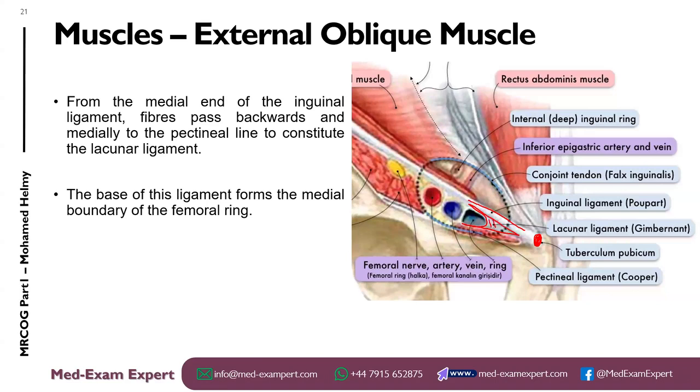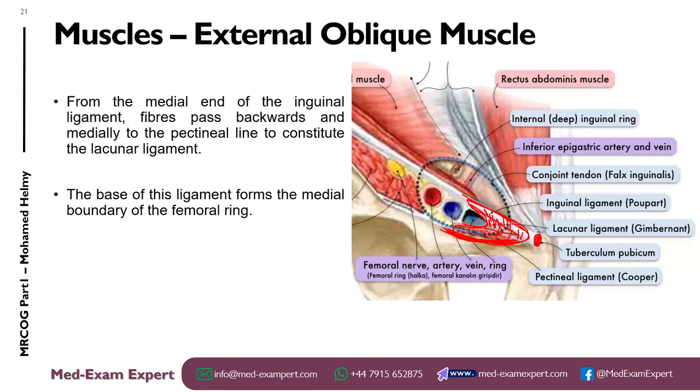These are fibers from the ligament passing backwards towards the pectineal line. The pectineal line is the bone structure here in the hip bone, okay? So the fibers of the inguinal ligament will go backward like this to make another ligament. We call it the lacunar ligament.